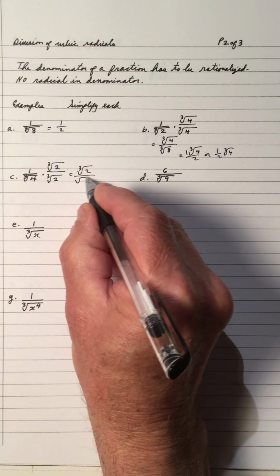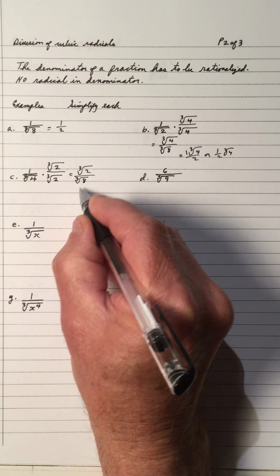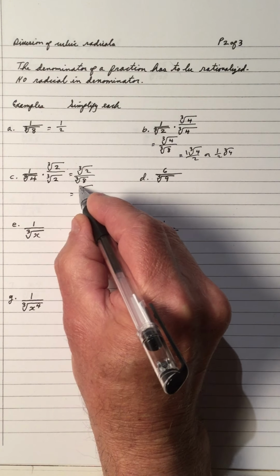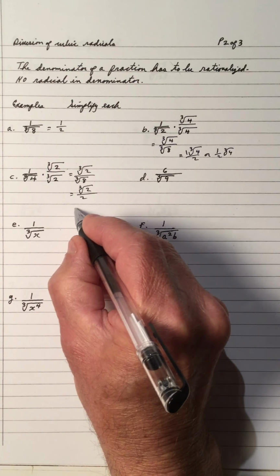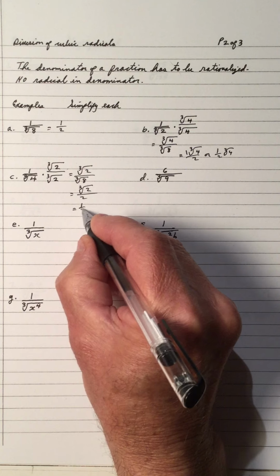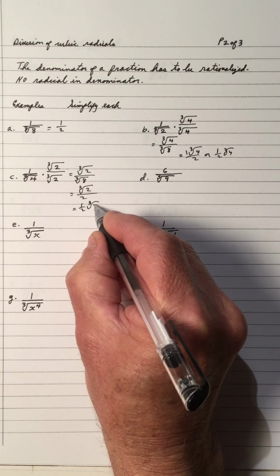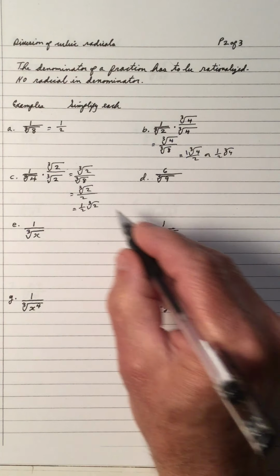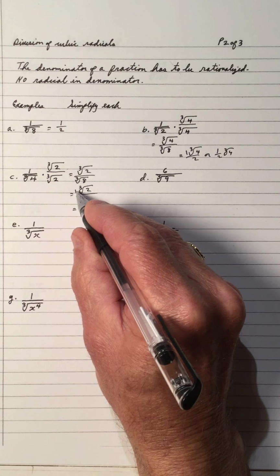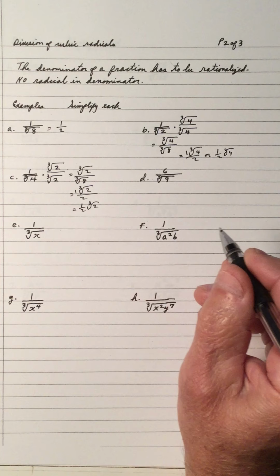And that's the cube root of 8. So that becomes the cube root of 2 over the cube root of 8, and the cube root of 8 is 2. And again, we can call it 1/2 cube root of 2, or you can leave it as cube root of 2 over 2.